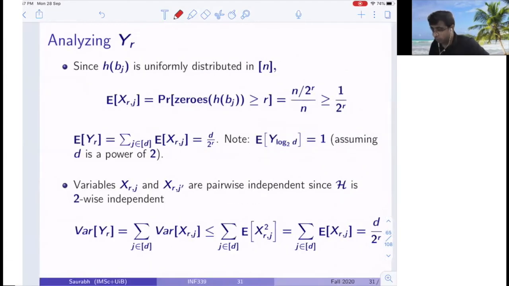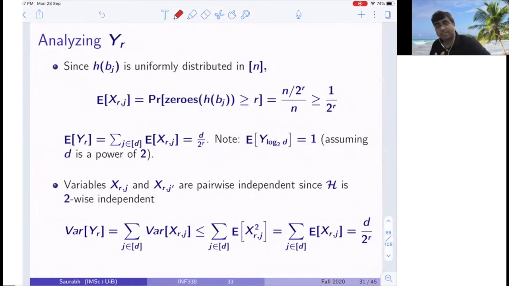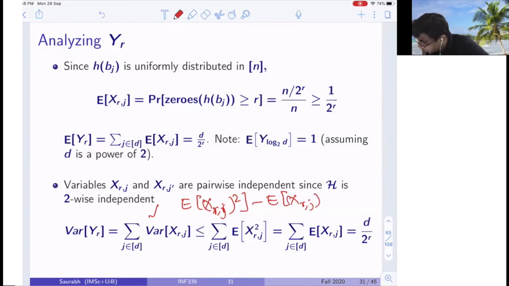Now, these variables X_rj and X_rj' are pairwise independent because h is 2-wise independent. So the variance of Y_r is nothing but the summation of the variance of X_rj. Now, what is the variance of X_rj? It is the expectation of X_rj squared minus the expectation of X_rj, whole squared. For an indicator random variable, the expectation of the square is the expectation itself.